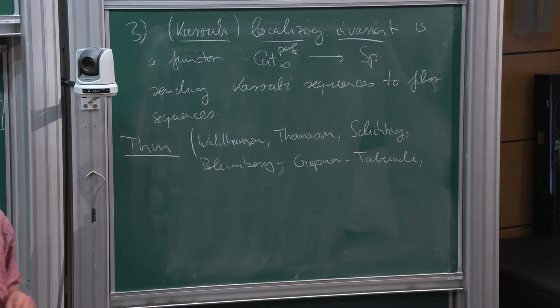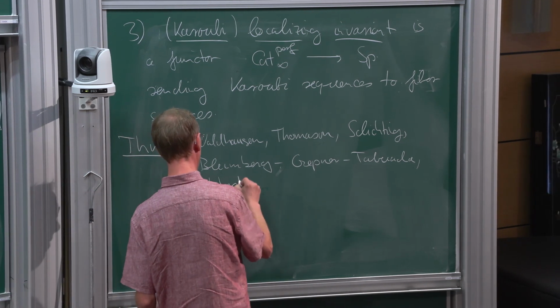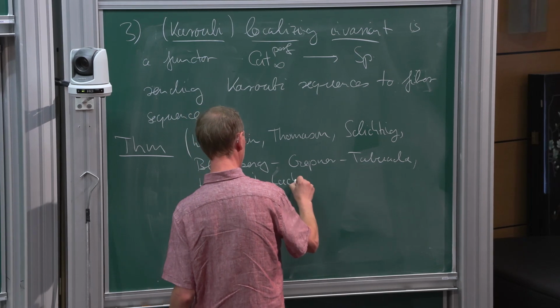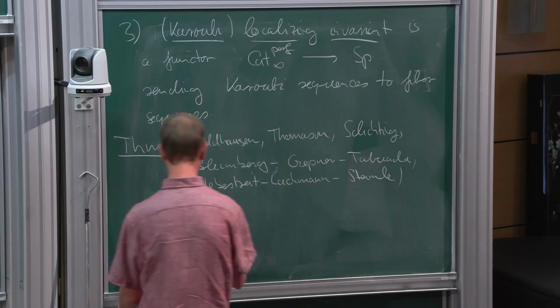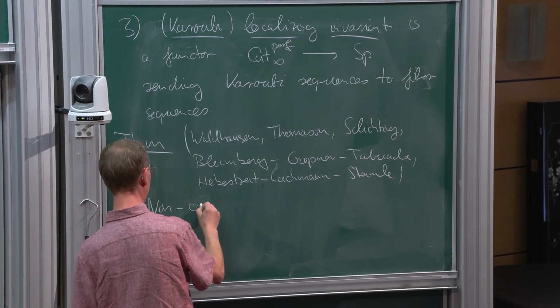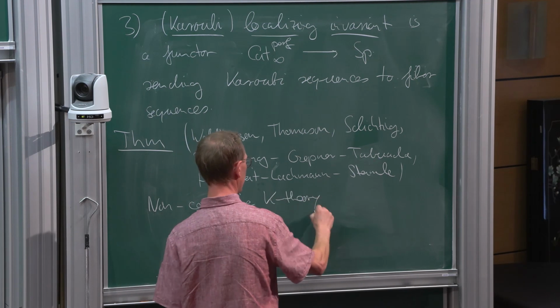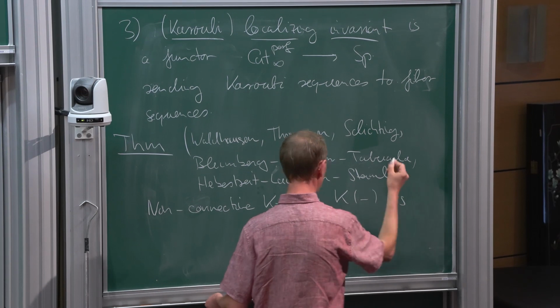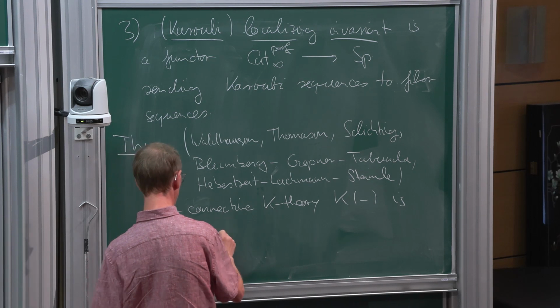And now there's also a modern, independent approach by Fabian Hebestreit, Andrea Lachmann, and Wolfgang Steimle. So let me put all these names here. So K-theory, and now it's important that I say this non-connective K-theory, is localizing in this sense. So, once again, it is Karoubi localizing.